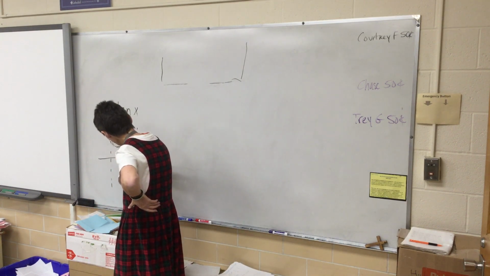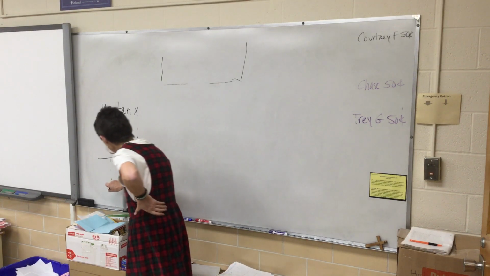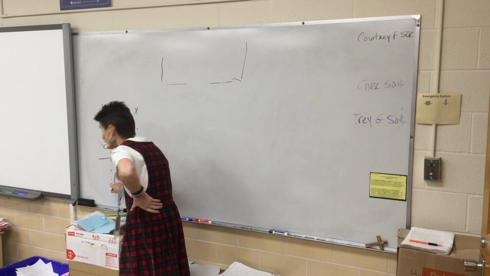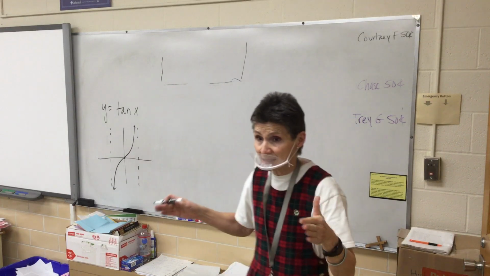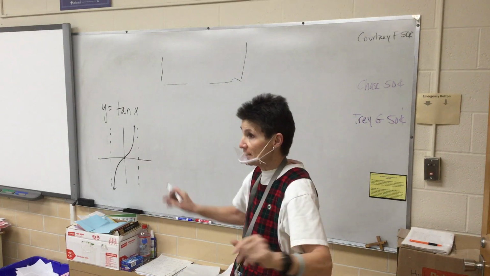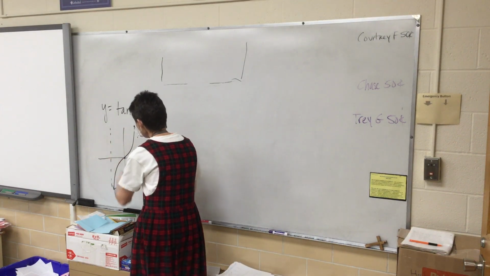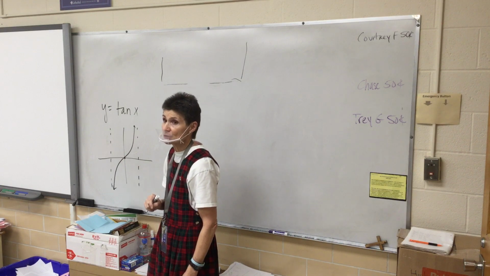Put a 0 right there on the origin, a dot, x-intercept, and then sketch a little curve that looks like your cubing function. Now, it's not a cubing function because it has asymptotes. The cubing function just keeps on going forever, but this one is confined between these two asymptotes, and that's one period of the tangent.